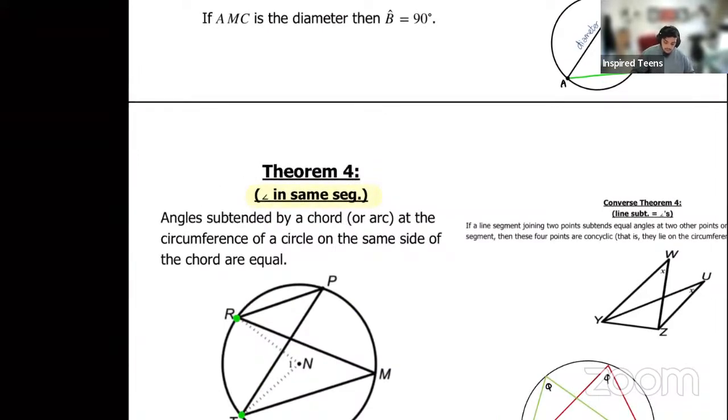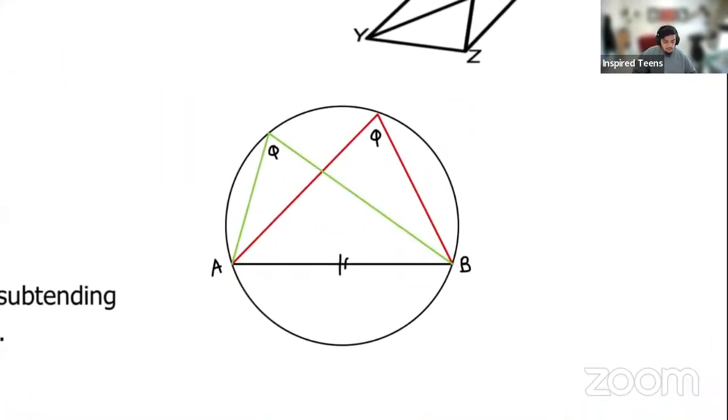And that's important. Why is it called angles in the same segment? Because we can see that this chord actually separates this circle into two different segments. And the angles that are equal to one another are actually in the same segment.